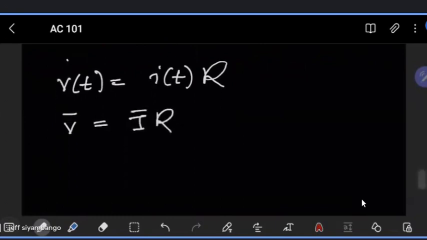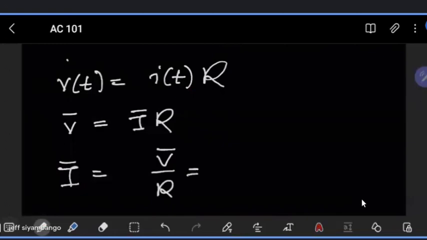If you are trying to get something for current, you end up with I phasor equal to V phasor divided by R. The next few concepts we're going to talk about are impedance and admittance in the next few minutes.